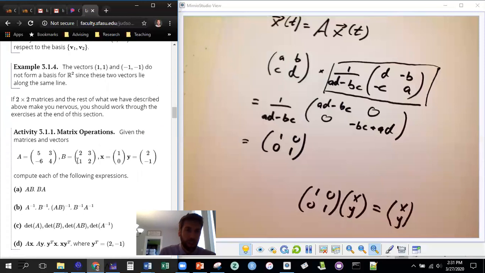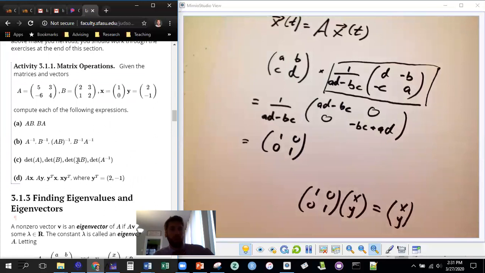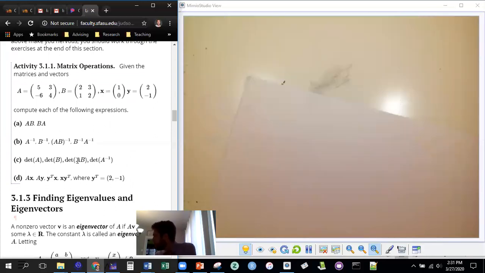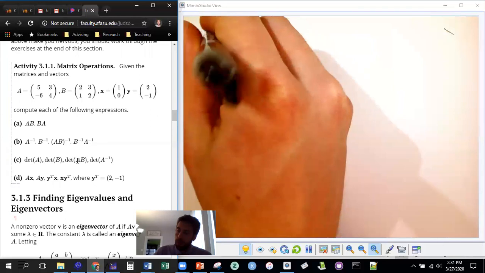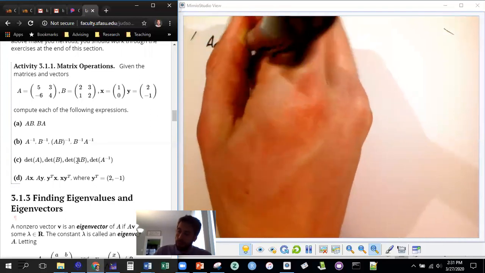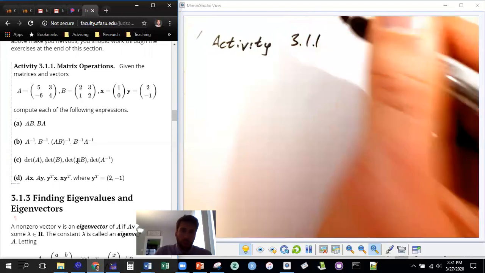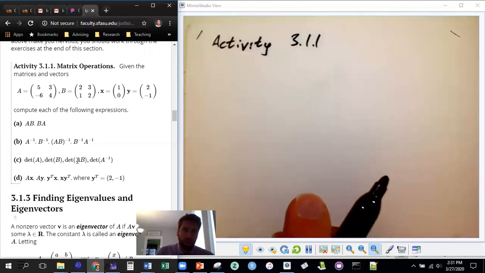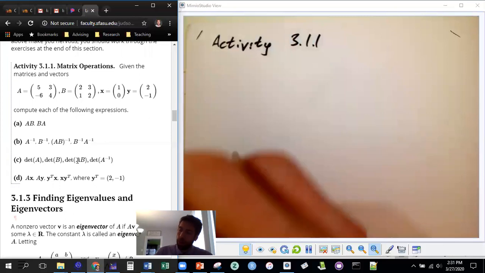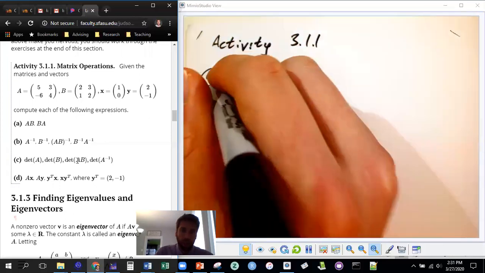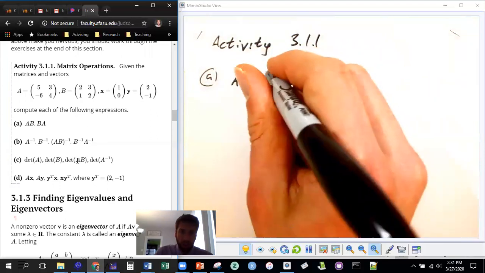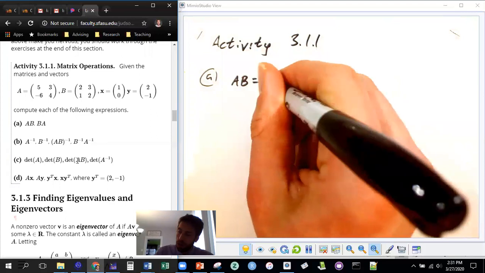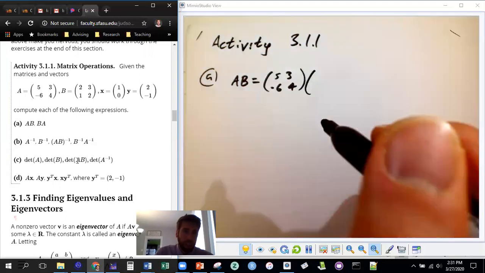Okay? Now, let's do some fun matrix multiplication. Activity 3.1.1. First I'm going to calculate some matrix multiplication, A times B and B times A. So A times B, that's equal to [5, 3; -6, 4] times B, which is [2, 3; 1, 2].